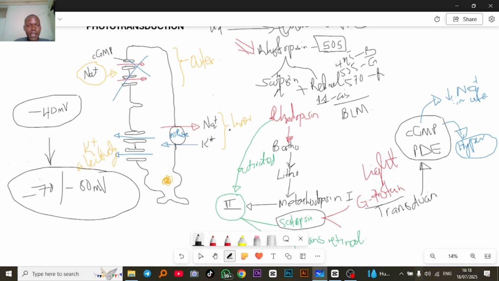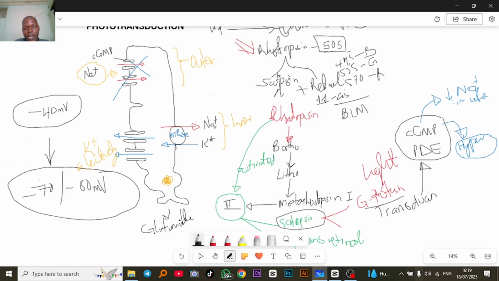So again, we must know what happens in the dark before we have the light. Without the light, we have initially release of the inhibitory signals, which are specifically a neurotransmitter known as glutamate. So in the dark, you have glutamate being released, and it's inhibitory glutamate.